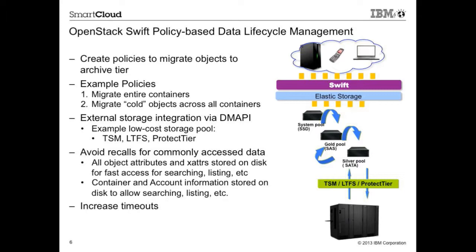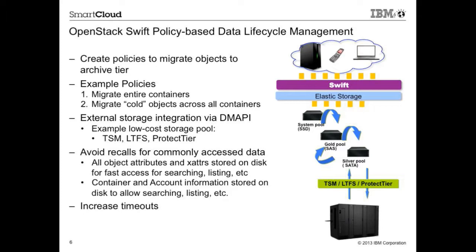This integration with external storage pools is done through the DMAPI interface, which is the data management API, and can support a variety of external storage pools such as TSM, the Tivoli Storage Manager, as well as LTFS and deduplication devices such as ProtectTier.